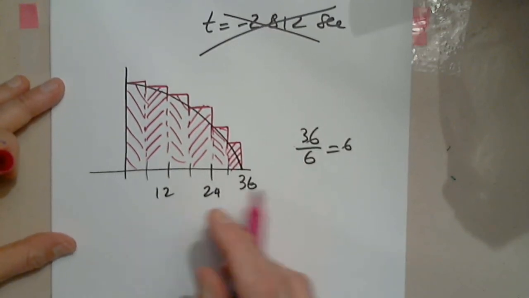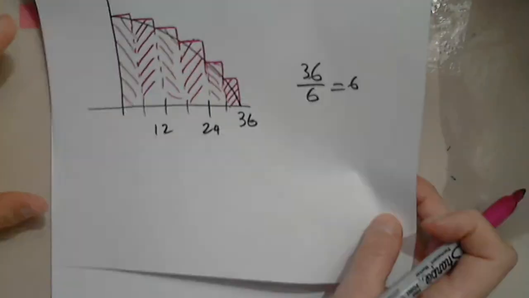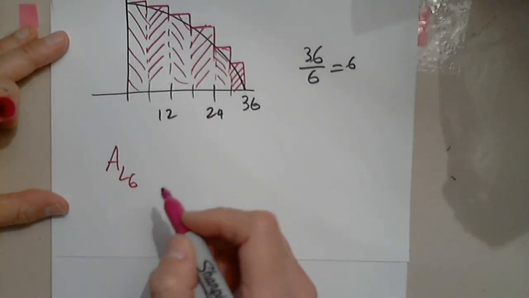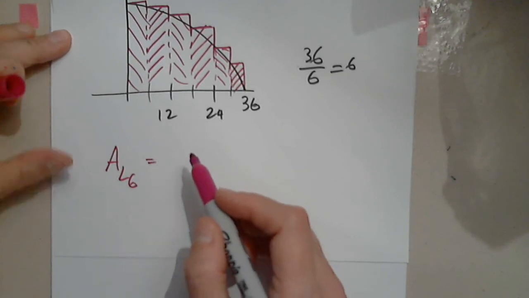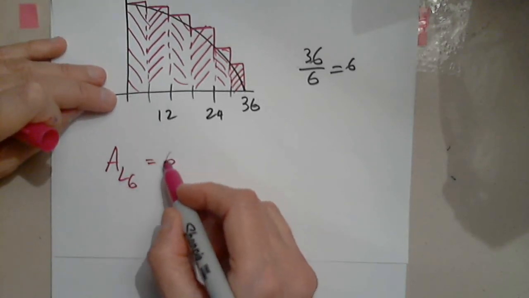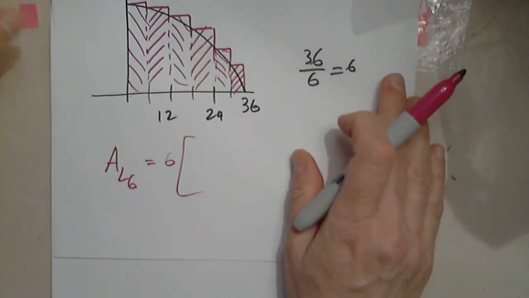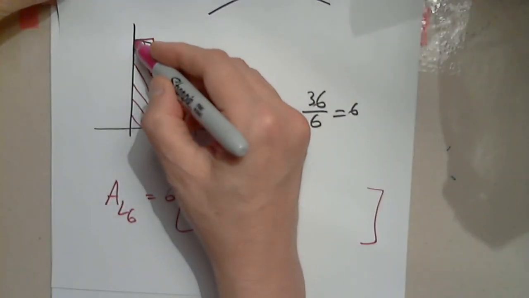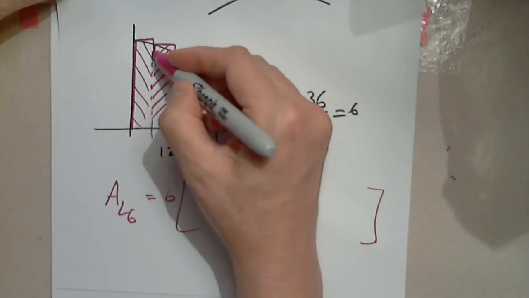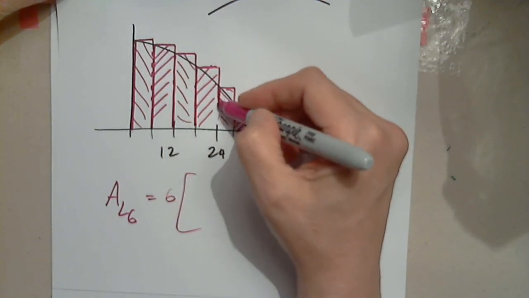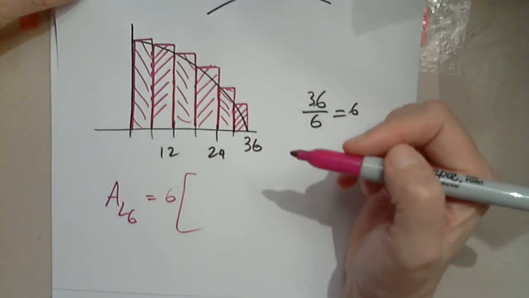So finding the sum, the approximate area with left 6 subintervals, this will be base times height, 6 times. If it's the leftmost point, I have to find this height, this height, this height, this height, this height, and this height.